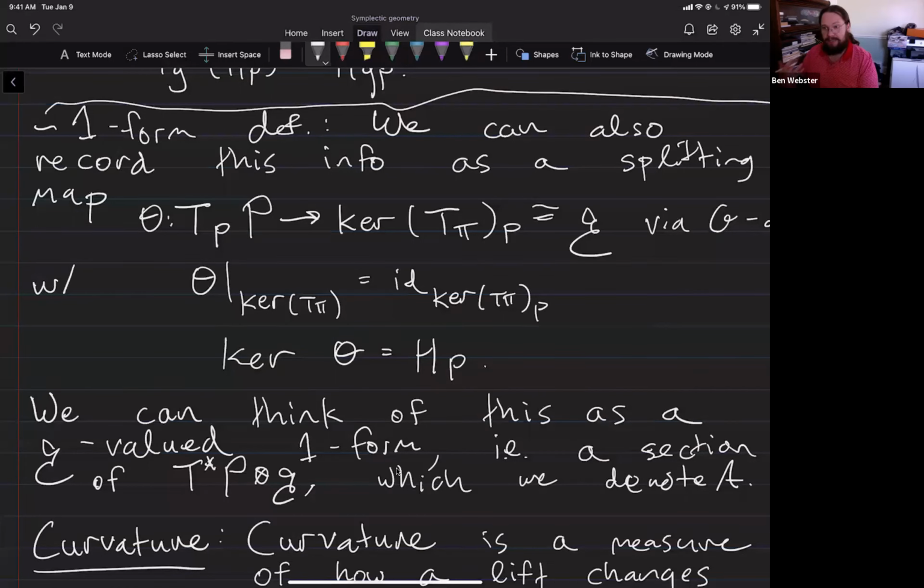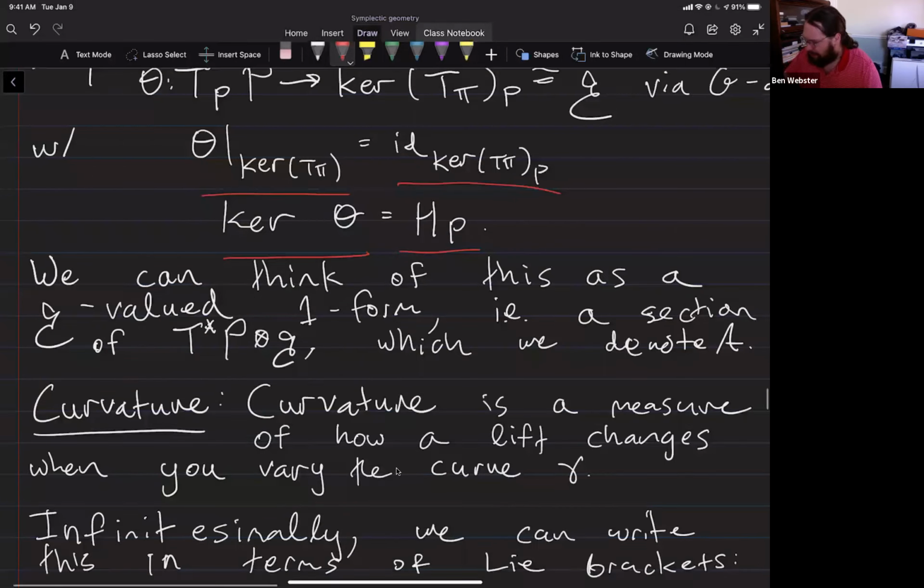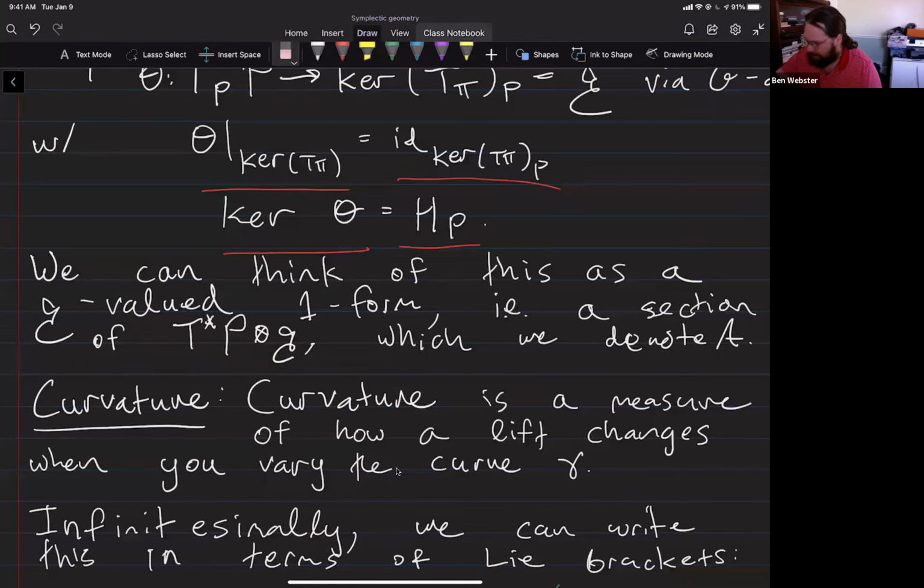And of course, it's got to be a splitting, so its kernel is going to give me this horizontal space, and when I restrict it to vertical things, I get the identity. So this gives me a G valued 1 form, which we are going to denote capital A.